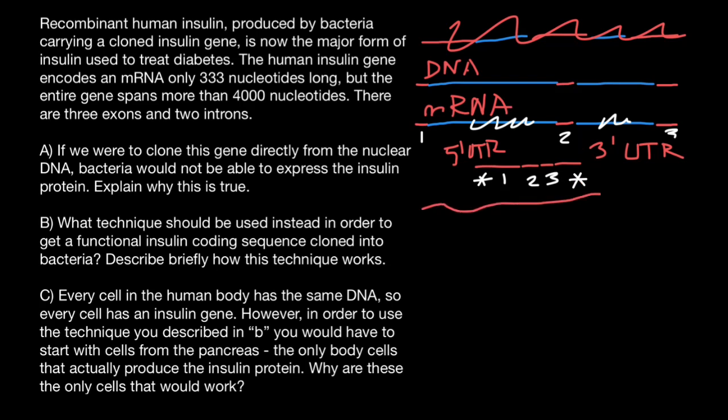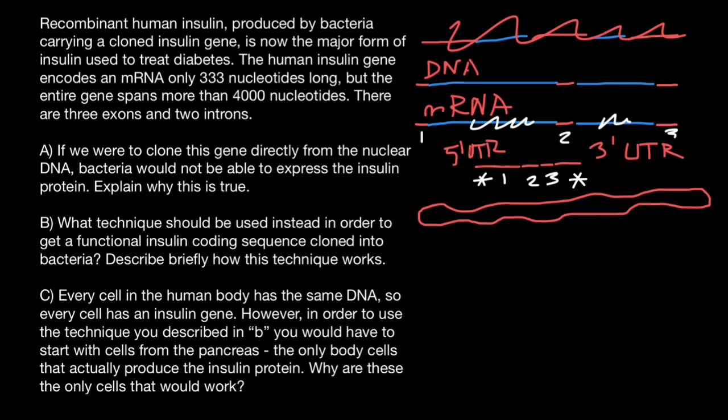Now imagine that this is going to be a circular bacterial genome, and as you see, it only consists of regions which would be translated into messenger RNA. It doesn't have any introns, only exons.